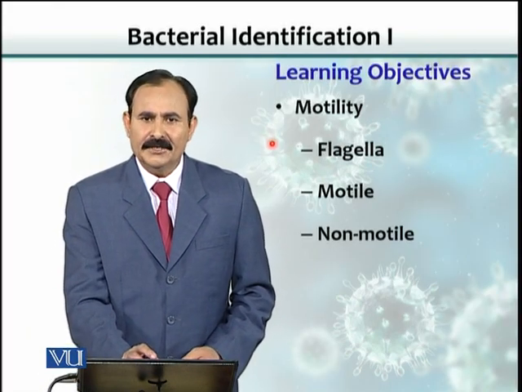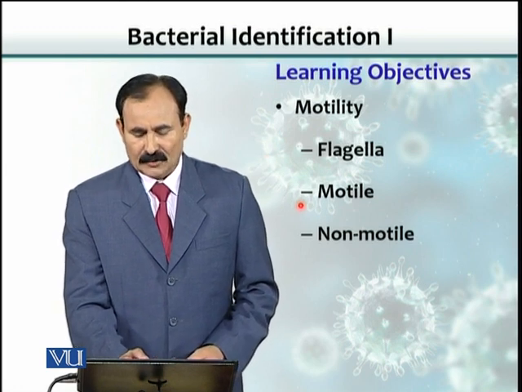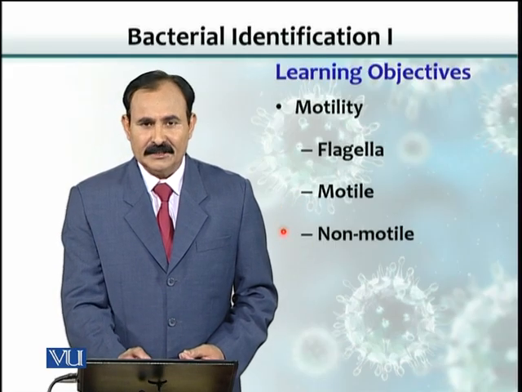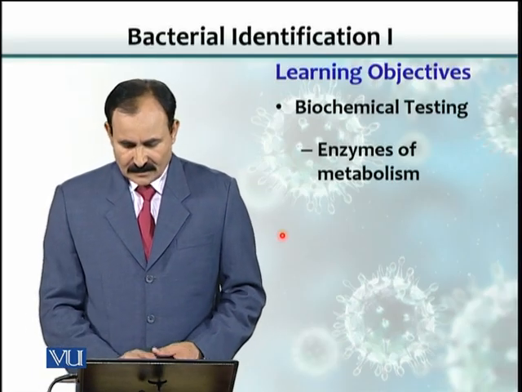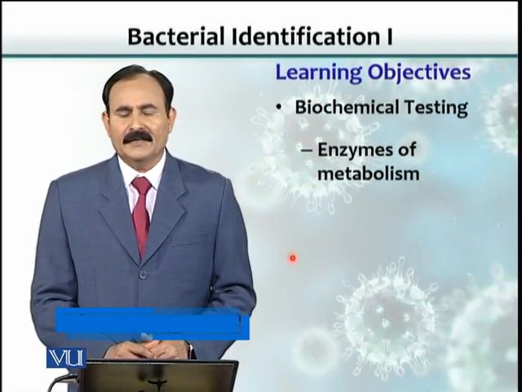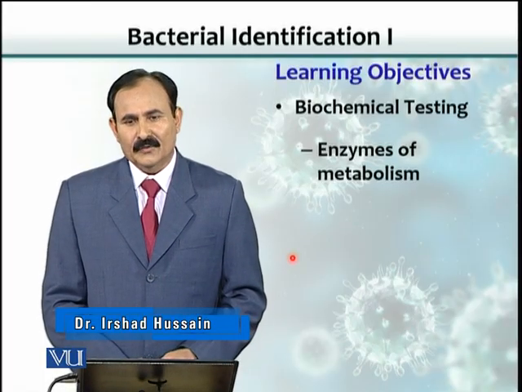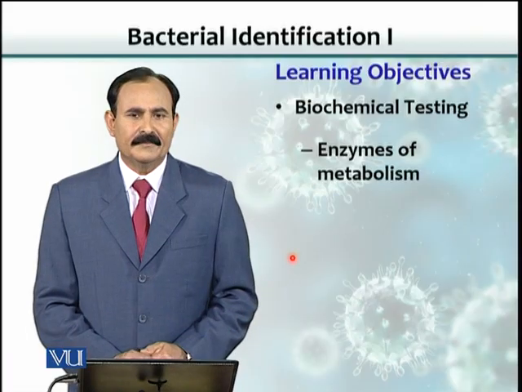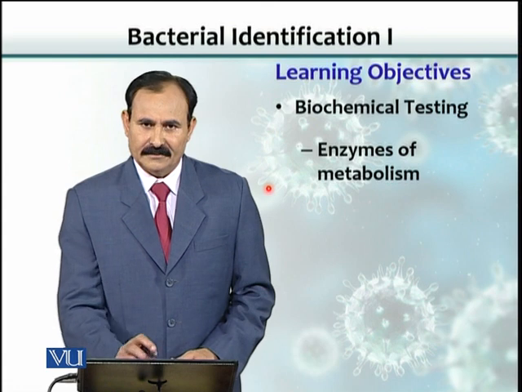Based on their ability to move with the flagella, they could be motile or non-motile. And we know how to demonstrate motility already from a previous lecture. Then, because microorganisms have lots of enzymes, especially in their metabolic pathways, we can detect the products of those metabolic pathways, and they comprise biochemical testing.